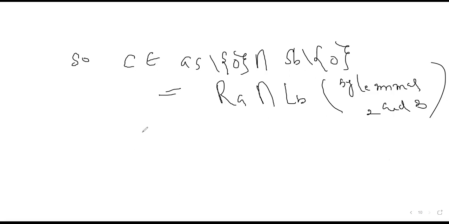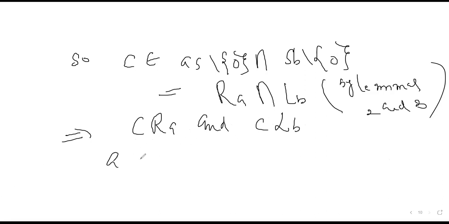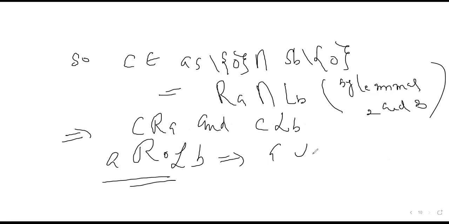So this means C is R related to A and C is L related to B. Or in other words, you can say that A is R composition L related to B. So this means A is D related to B.